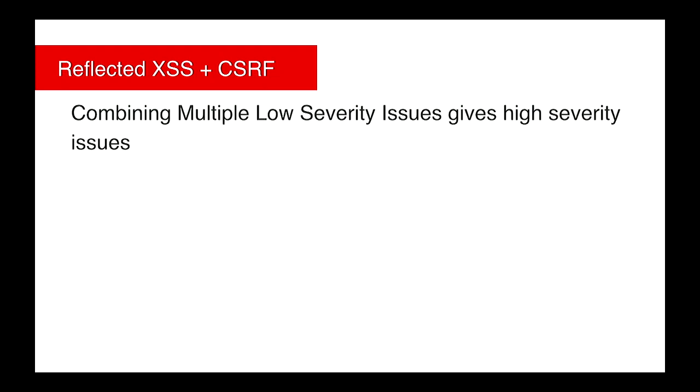David. Okay, so Kieran has helpfully introduced two concepts I'm going to combine together: cross-site scripting and cross-site request forgery. What we're seeing here is that often two low-severity issues can be combined into one very severe issue.